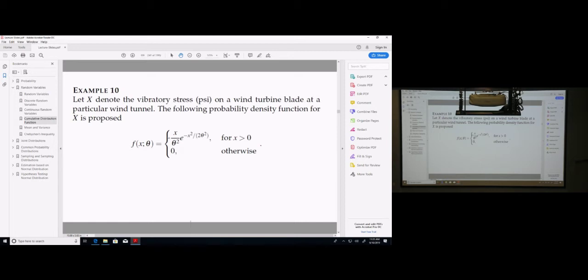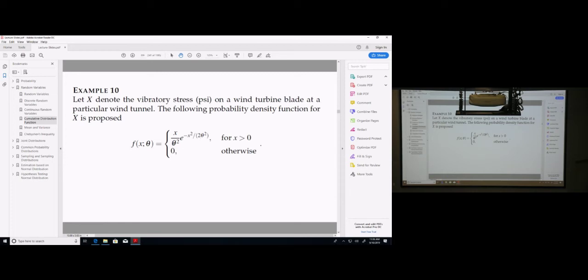But anyway, coming up with this form comes from science or from engineering, all right? So why is it this form? Usually people are able to know the form, but somehow the theta is not known to us, depending on the material of the blade or the shape of the tunnel or whatever. So the second half of this module is about estimating the theta from real data.